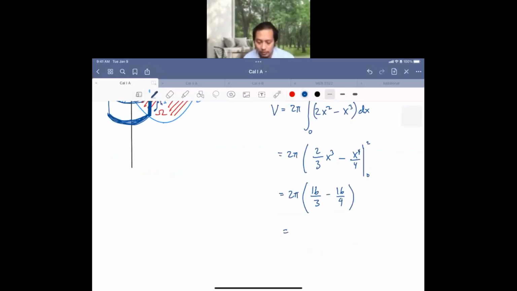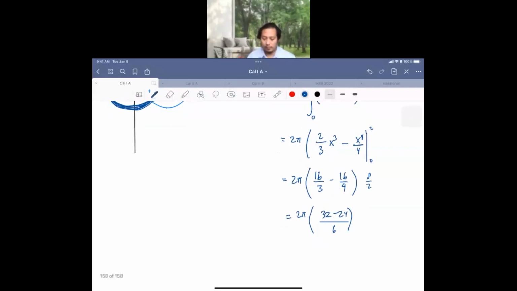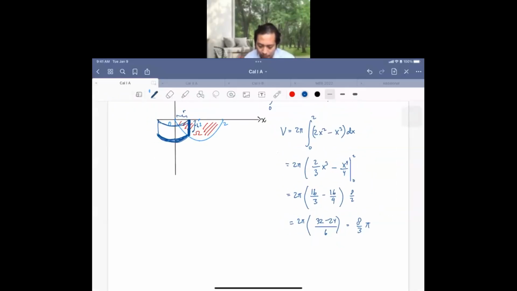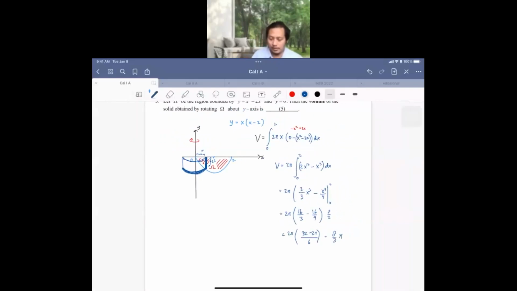And this will be 2 pi, eight over 6. It's supposed to be 8 over 3 pi. 8 over 6 multiplied by 2, it's 3. Okay, so this is the answer.